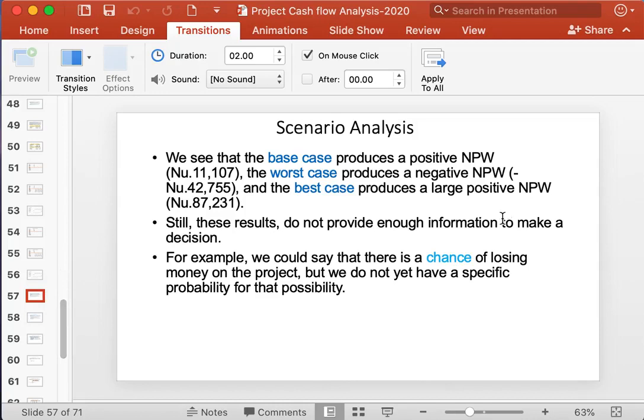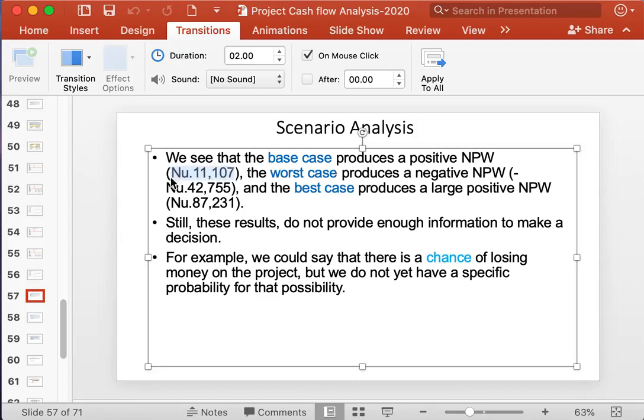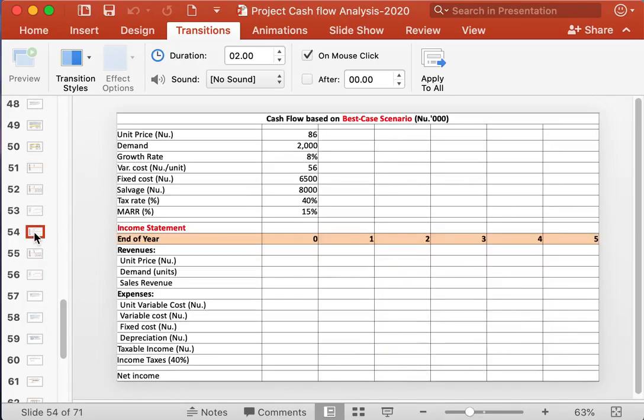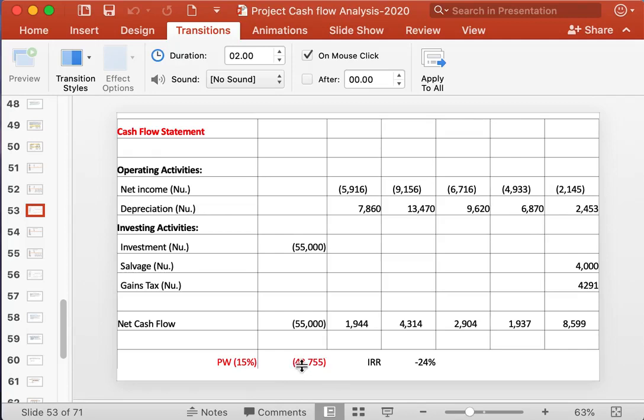So from the scenario analysis we can see that the base case produces positive net present worth of 11,000, which you saw in the earlier slides. And in case of the worst case scenario, it generates negative cash flow, negative present worth of minus 42,755.